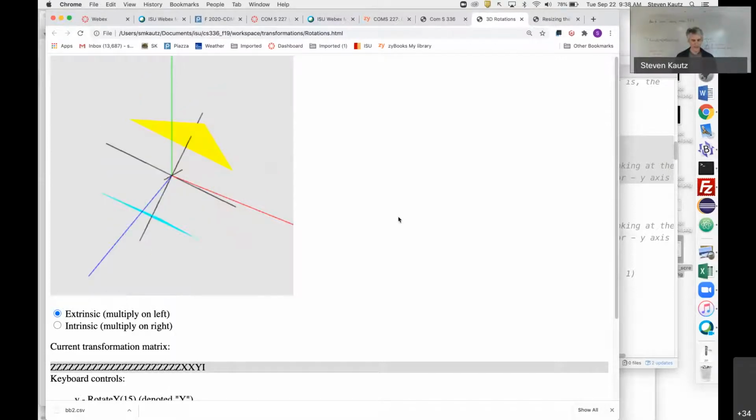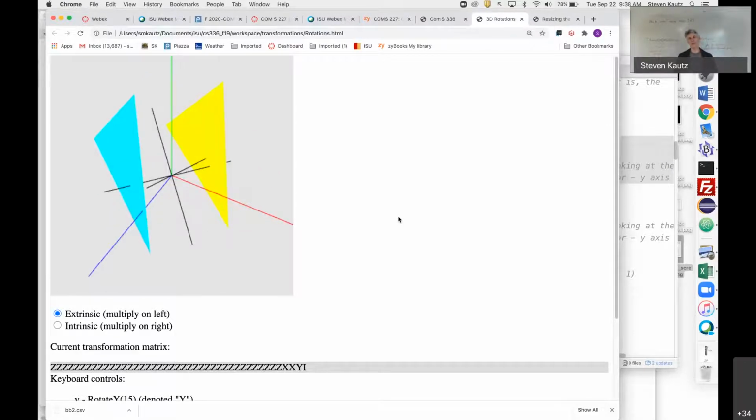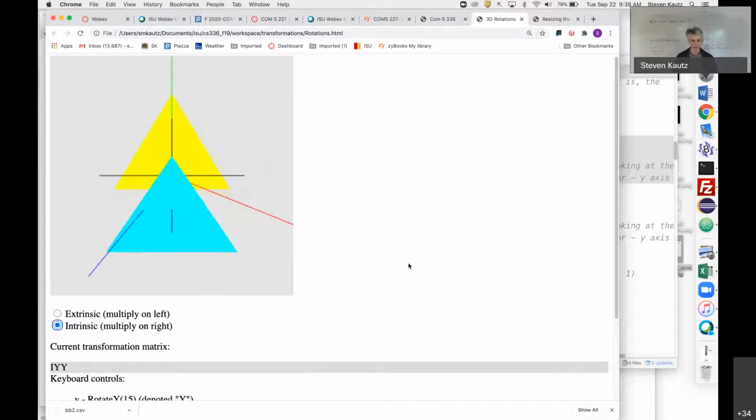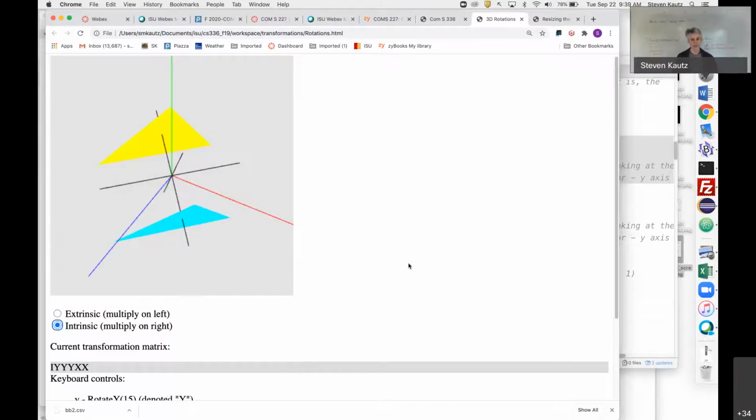And this is not very intuitive to do in that order, because I'm doing this extrinsically, which is the backwards of what I really want, the way that we might think of it. So let me put this back. If we click on intrinsic and I do the same thing, I can choose a head angle, and then when I do a pitch angle, it's going to multiply on the right, so it's rotating with respect to the current x-axis.